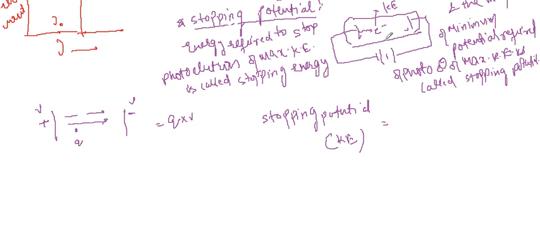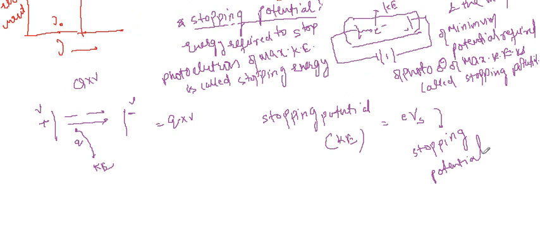So it is e times Vs, which is Q multiplied by V. Here Vs is called the stopping potential.